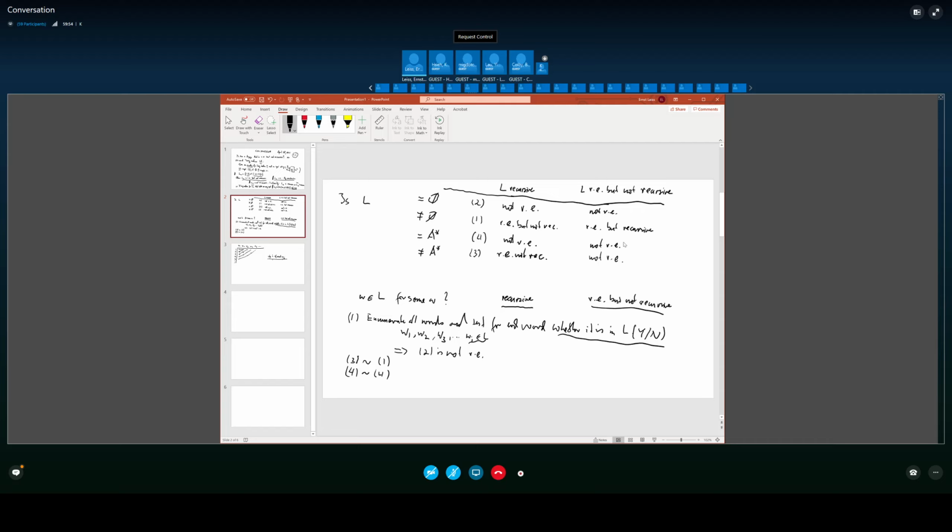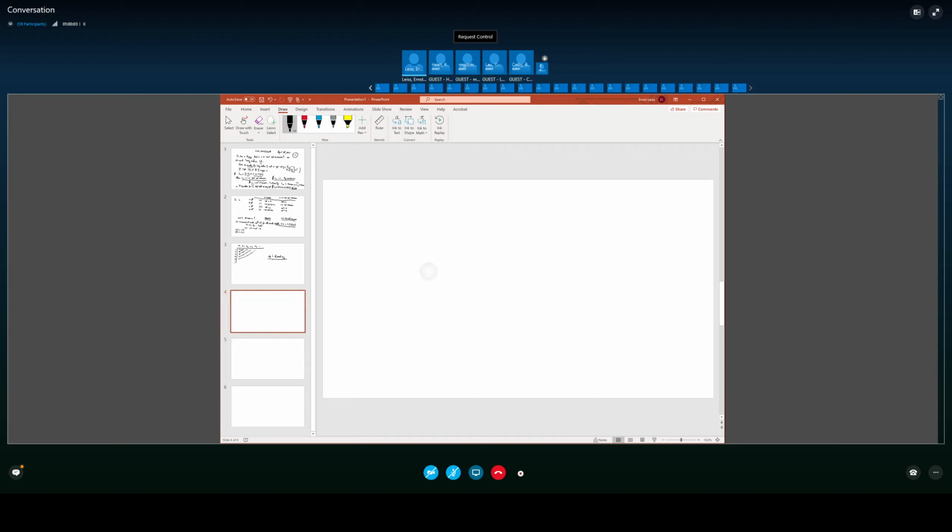So perhaps let's look at one more example. Before we just looked at a single language, now let's look at two languages. The union of L1 and L2. And so the question is, is it empty? Well, let's start with not empty. Is it empty?